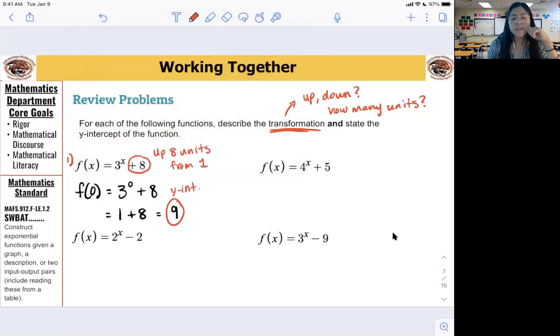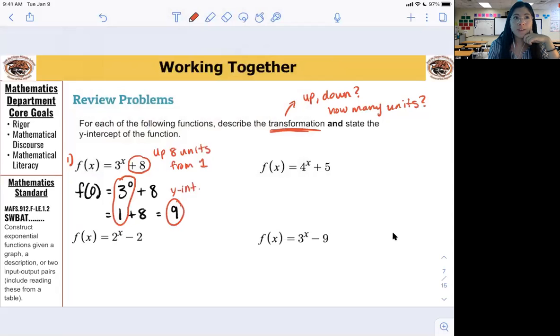How is 3 to the power of 0, 1? Who can tell me the general rule? Why is this 1? What is 1,300,462 to the power of 0? 1.